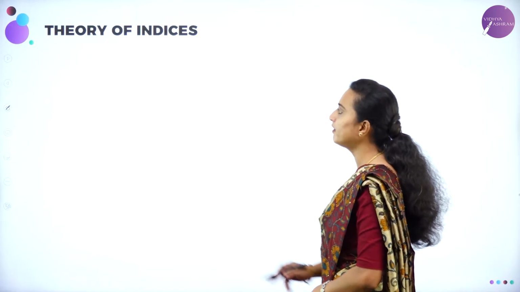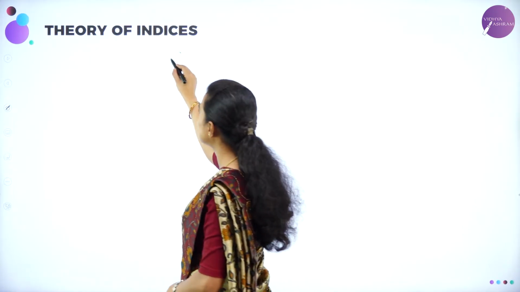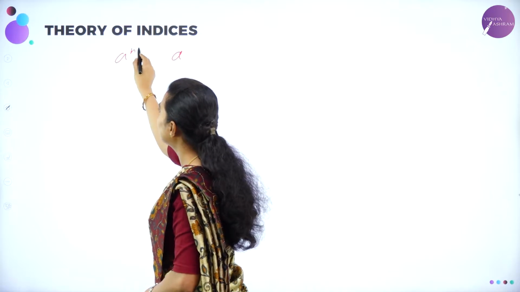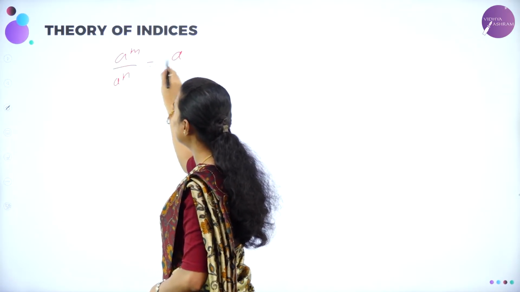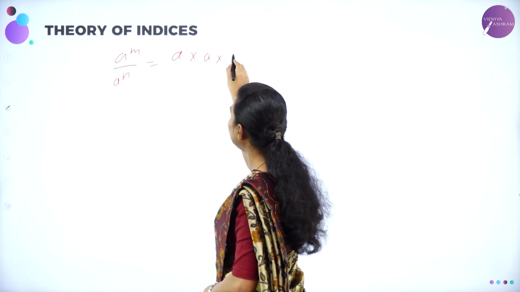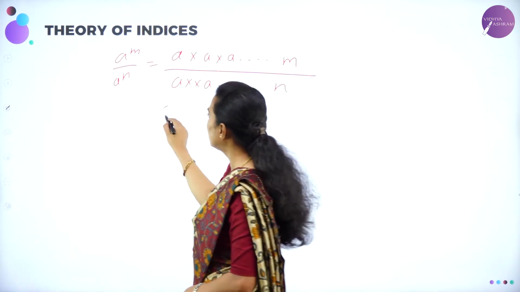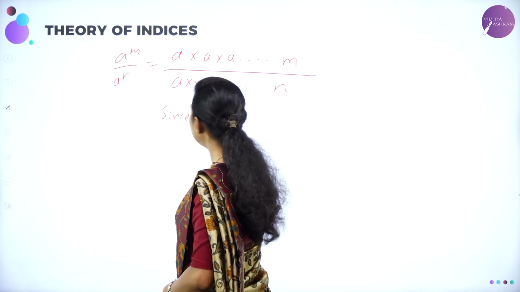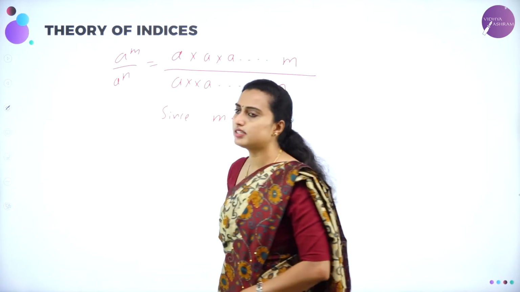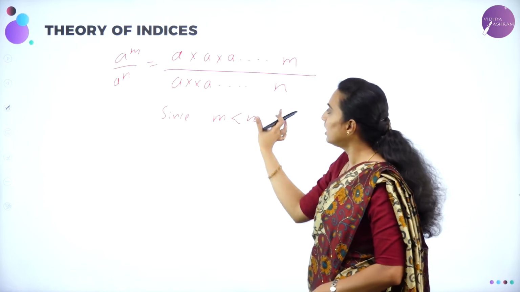Similarly, you can prove this also. What is that? A power n minus m. A power m divided by a power n can be written as a into a to m terms, divided by a into a up to n terms. Since it is given that m is lesser than n, this will come to the denominator.